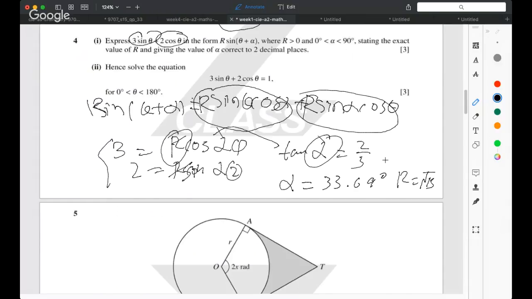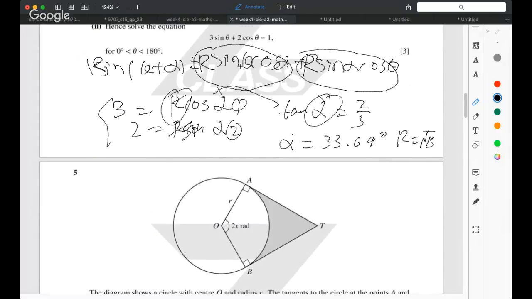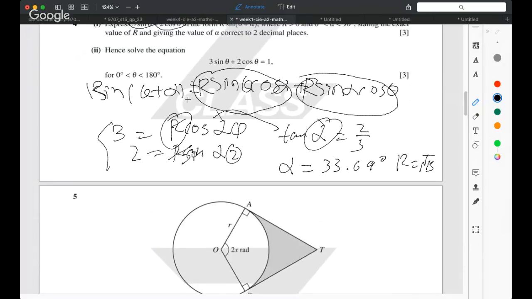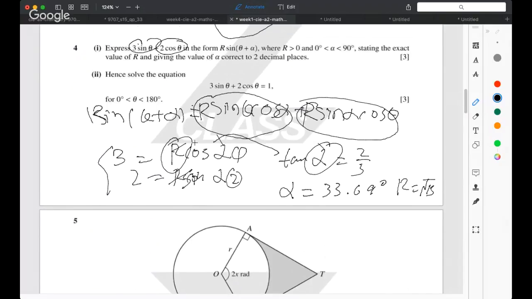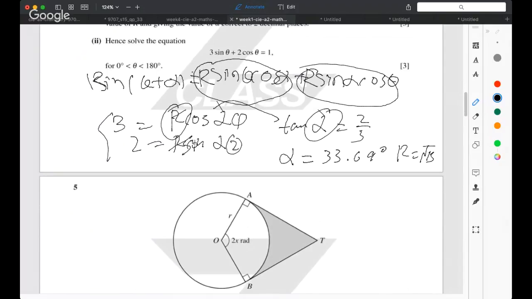I think this is the easiest way to think: just expand this expression, equate the coefficients, and solve the simultaneous equations. So you get root 13 times sine of theta plus 33.69 degrees.